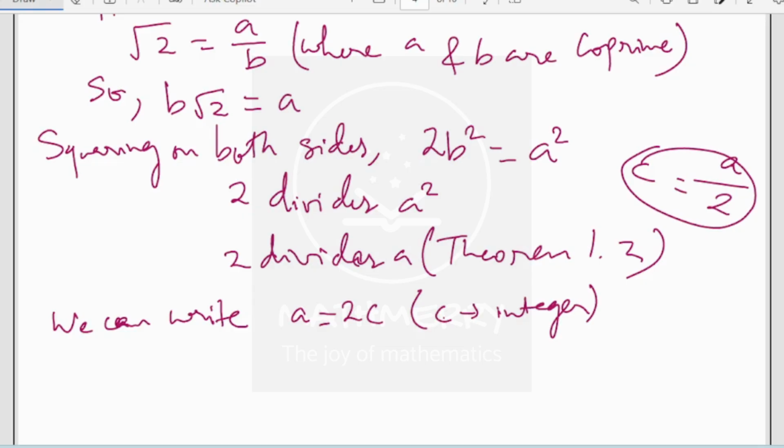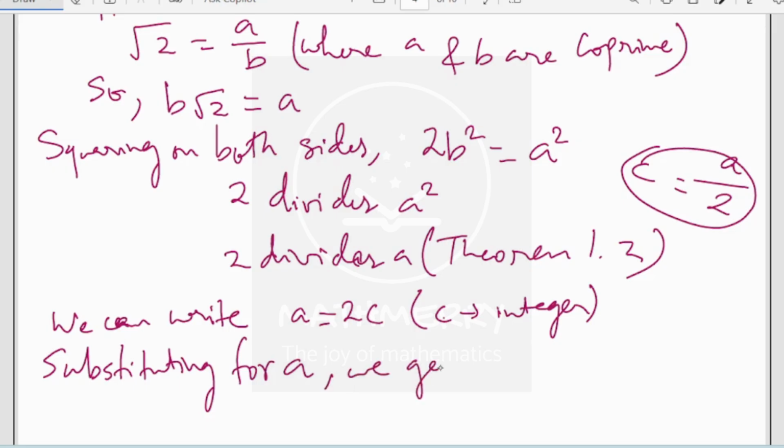So now, if A is equal to 2C for some integer, let's say C, we substitute for A. Here we have A is equal to B root 2.